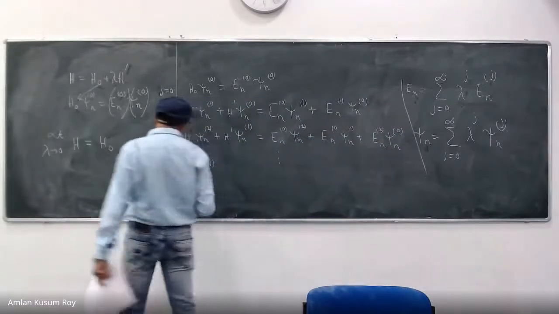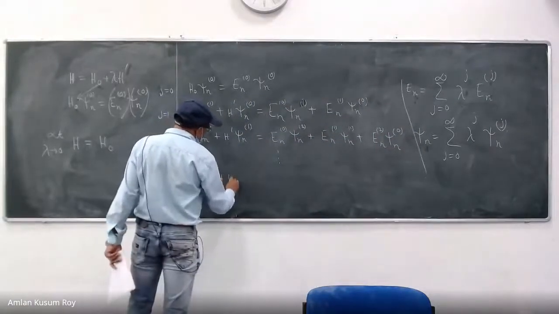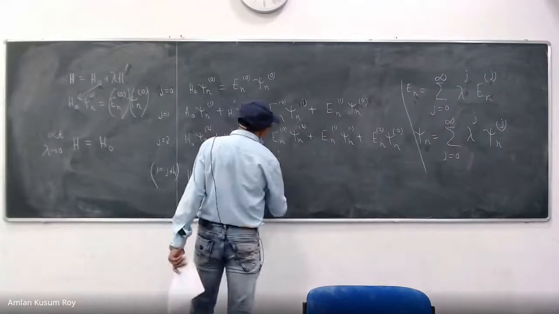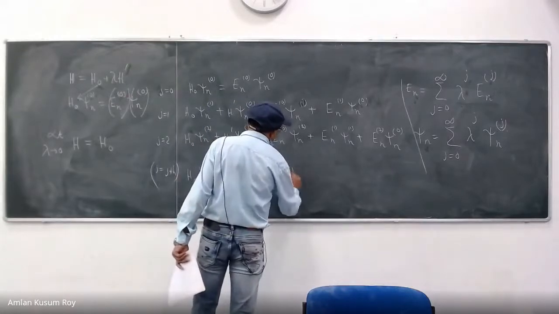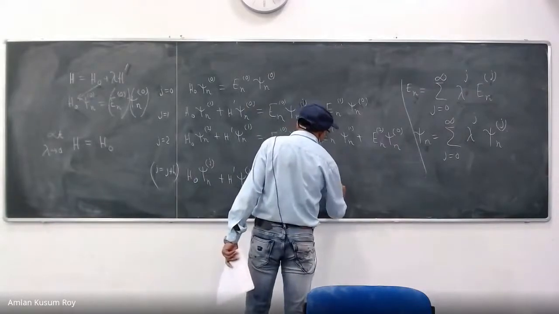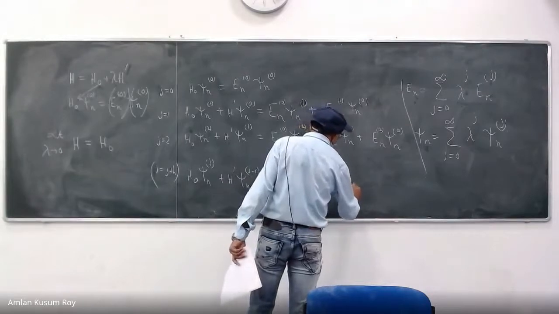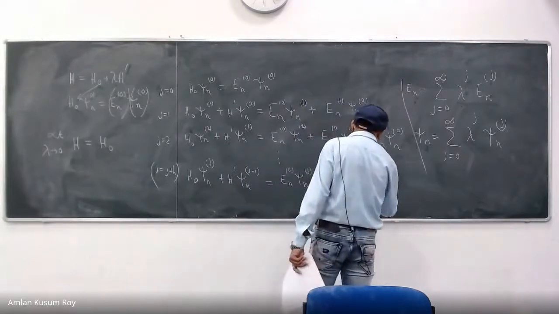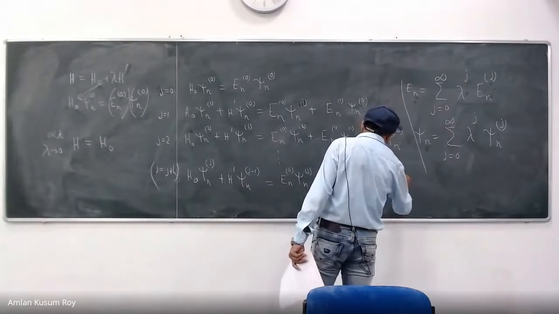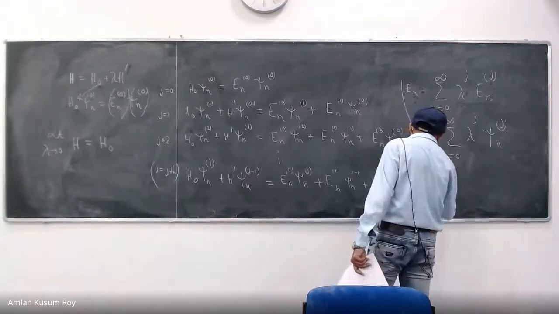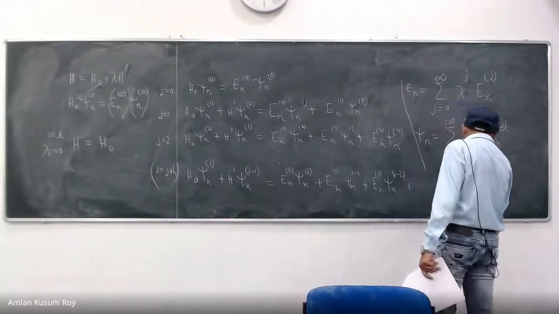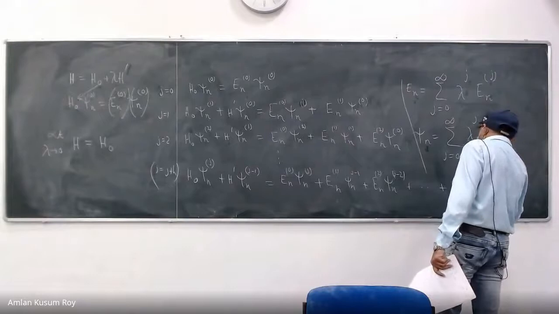So the pattern is very simple. H0 psi nj plus H prime psi n(j-1) is equal to En0 psi nj plus En1 psi n(j-1) plus En2 psi n(j-2) plus ... plus Enj psi n0.